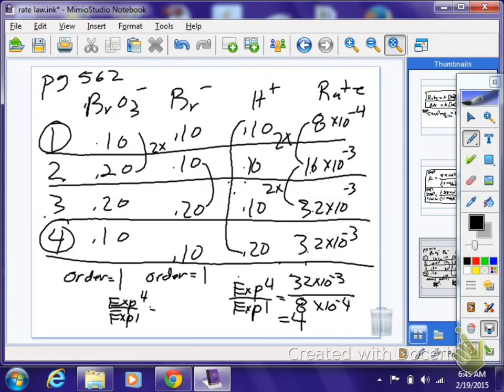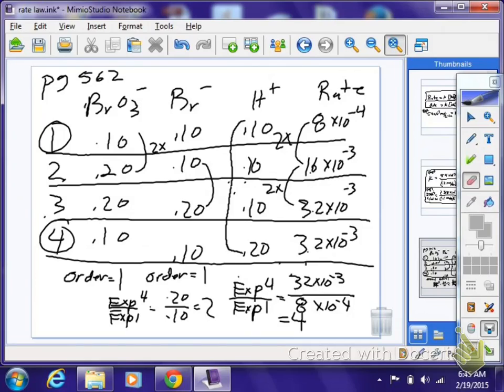When you look at those, that would be 0.2 divided by 0.1. And that's 2. So anytime you come up with a concentration that doubles, for example, and the rate will go up 4 times, that is a square relationship. So guess what? Got a lot of stuff going on here, but H plus would be an order of 2.